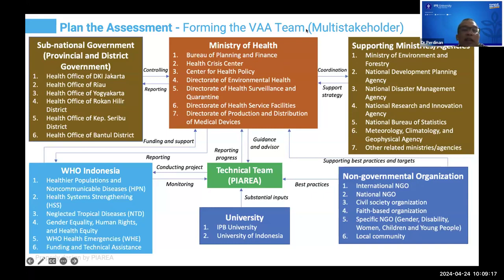If you see, there are a couple of arrows explaining how we work with the different stakeholders. For example, when we want to define the best practices to develop climate change adaptation strategies for the health sector, we get some input from non-governmental organizations. And for supporting best practices and targets, they provide the ones that are already promoted by the Ministry of Health.